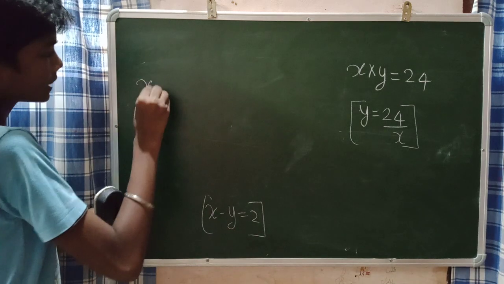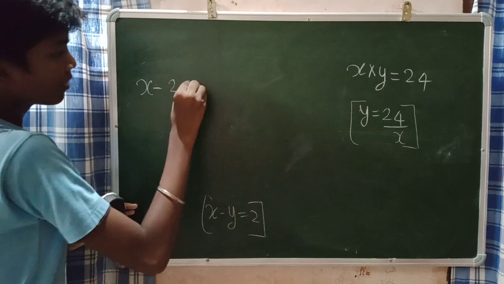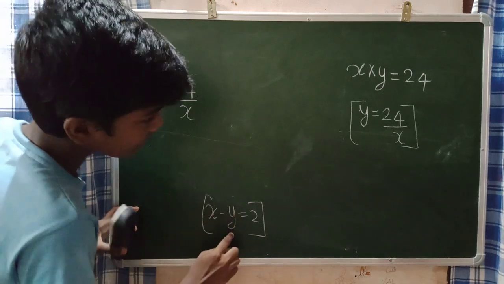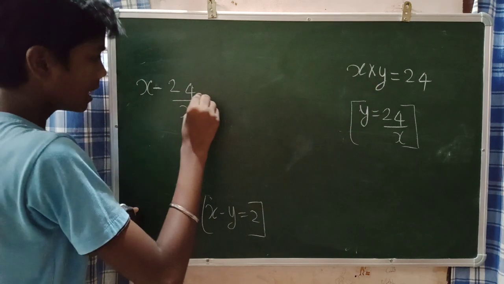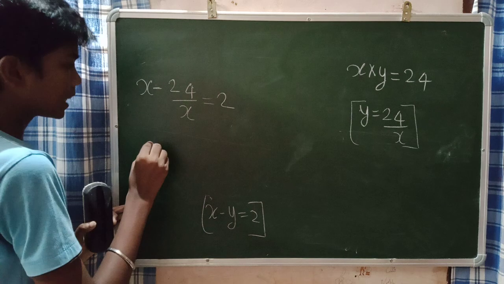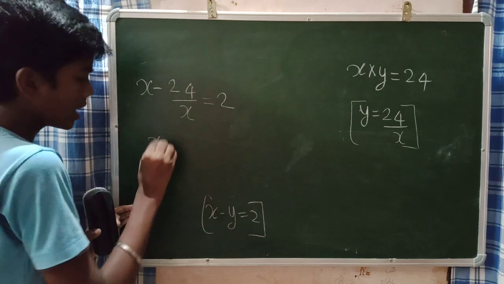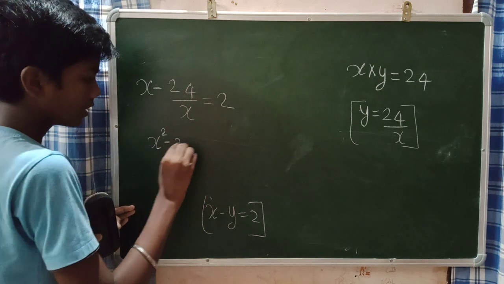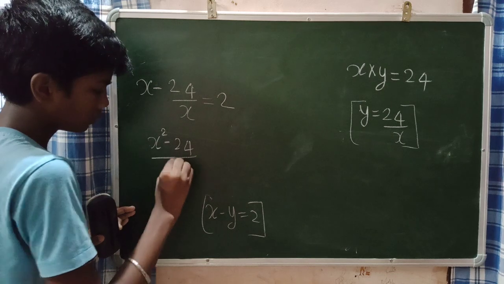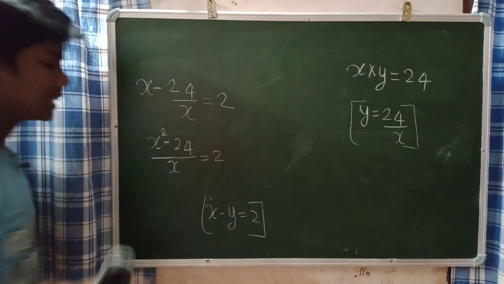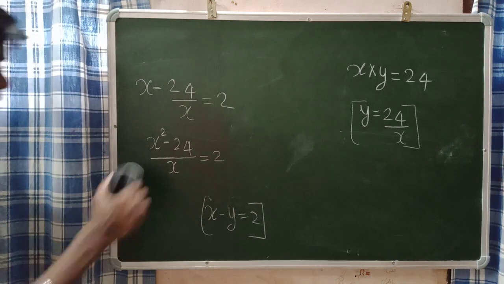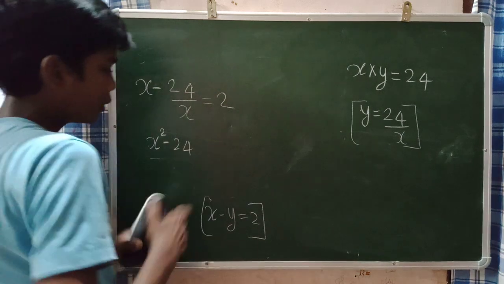When I put like that, I will get the same equation, x minus 24 by x, that will be equal to 2. So this is nothing but x square minus 24 by x is equal to 2. Now just take this x to the right hand side, then you will get is equal to 2x.